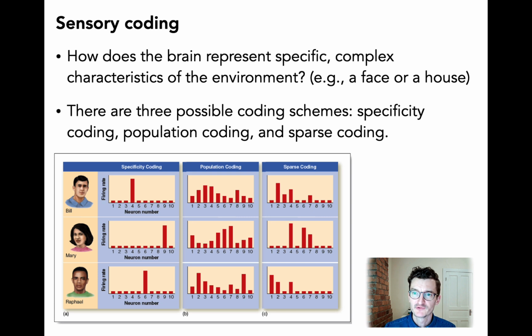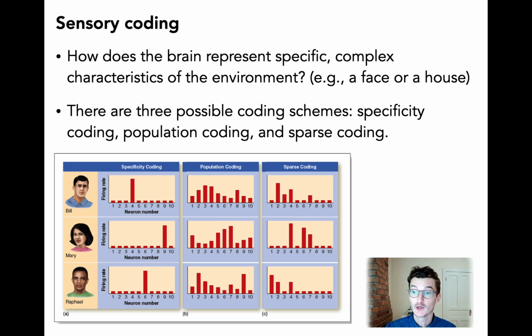How does the brain represent specific complex characteristics of the environment? Right? So if you look at a face or a house or your car, how does the brain represent that perceptual experience? Well, there are three possible hypotheses, three coding schemes as they're called: specificity coding, population coding, and sparse coding.